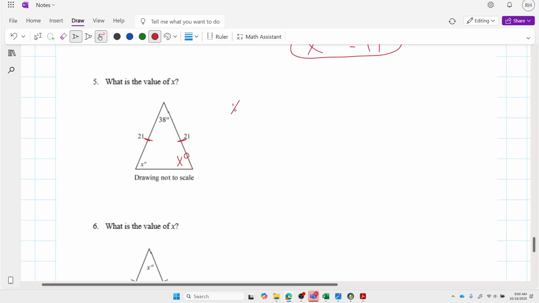So we get an x plus x plus 38 that has to equal 180. So 2x plus 38 equals 180. Subtract 38 from each side.